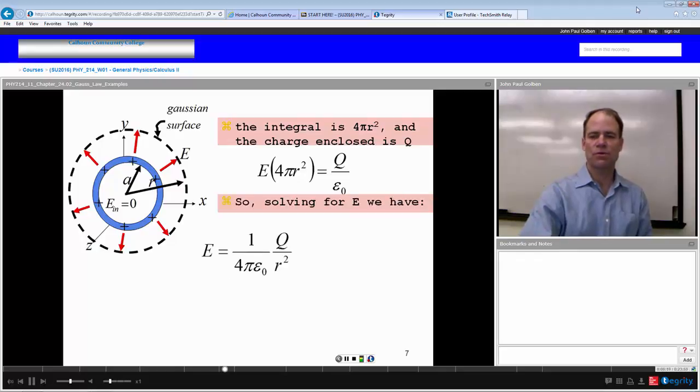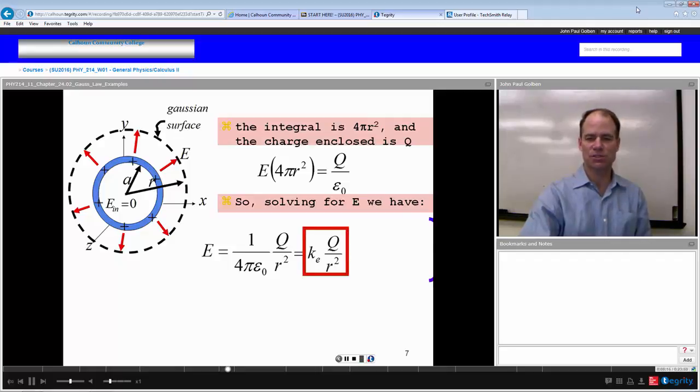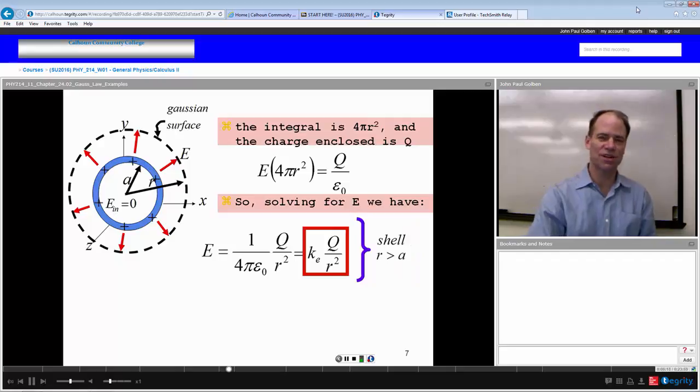E field will equal 1 over 4 pi epsilon naught, big Q over r squared, or k electric, big Q over r squared. It's looking like a point charge if our radius is greater than the radius of the sphere itself, just like what we had before for the distribution of charge.